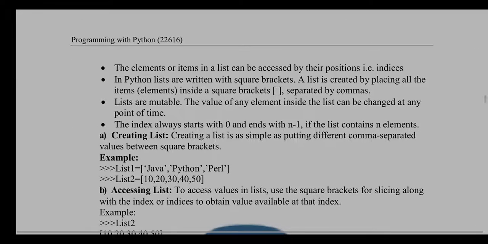The elements or items in a list can be accessed by their position, which is called indices. Python lists are written with square brackets. A list is created by placing all the items inside square brackets, separated by commas. Lists are mutable. The value of any element inside the list can be changed at any point of time.